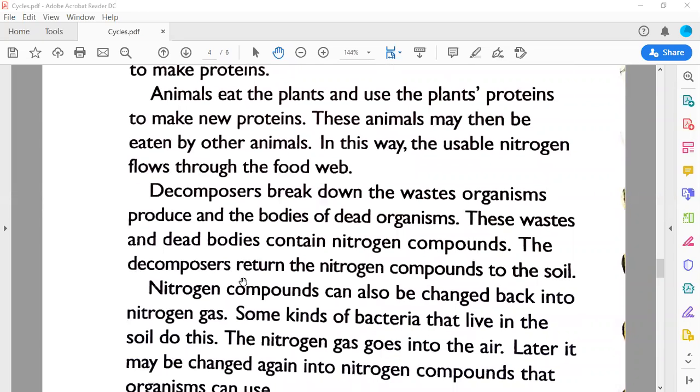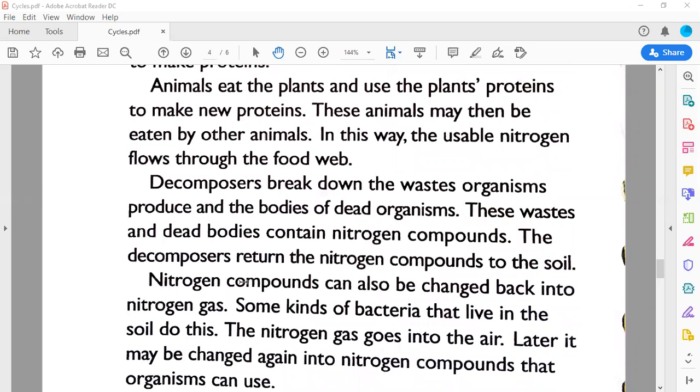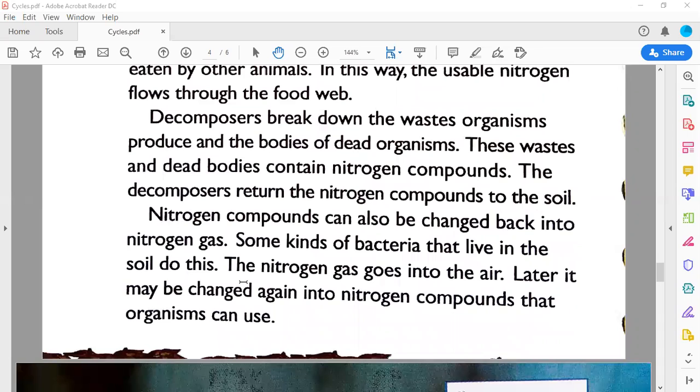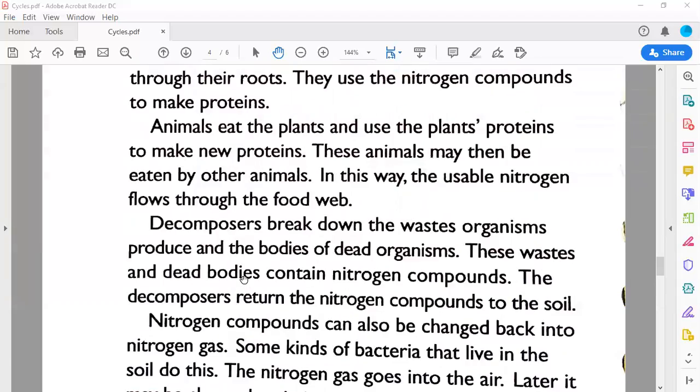The decomposers return nitrogen into the soil. Nitrogen compounds can also be changed back into nitrogen gas. Some kinds of bacteria that live in the soil do this, returning nitrogen gas to the air. Later, it may be changed into nitrogen compounds that organisms can use. Thank you very much, Benjamin.